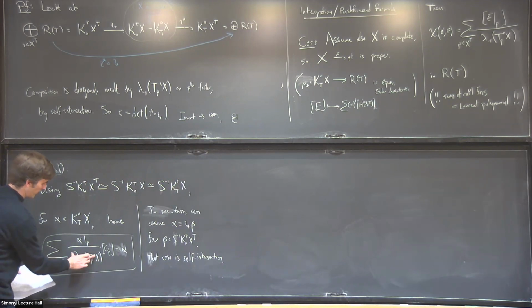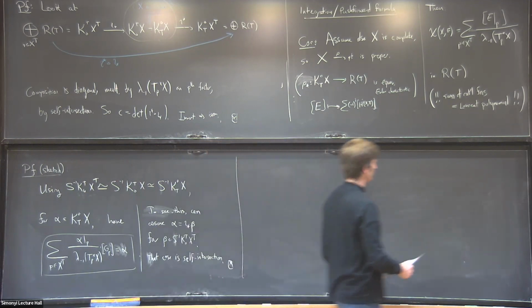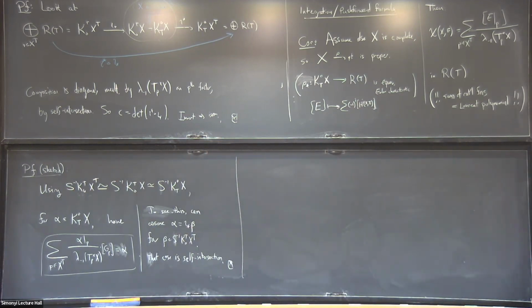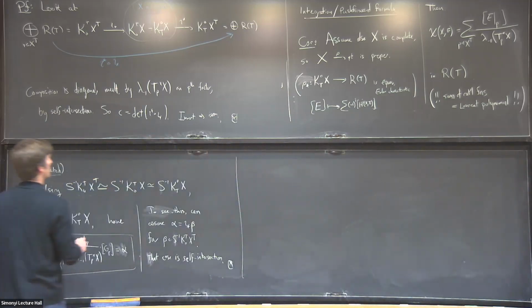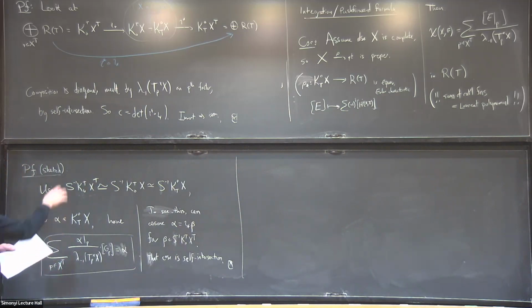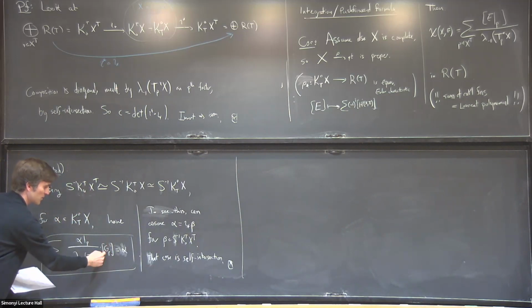Right, just by clearing the denominator. Oh, I guess I said it was a sketch, so you should say something about how push forward to a point is just summing up over the fixed locus, sending each one of these to 1.